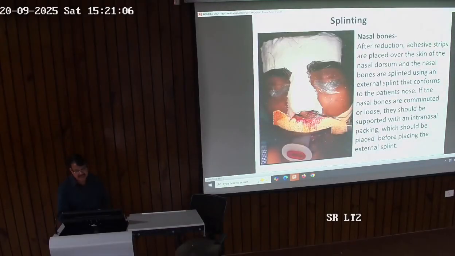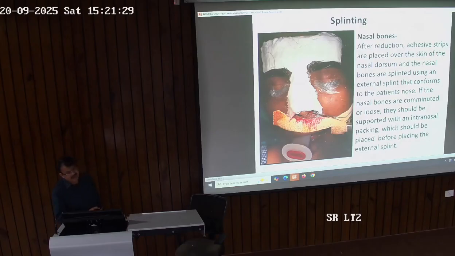After reduction, adhesive strips are placed over the skin of the nasal dorsum, and the nasal bones are splinted using an external splint that conforms to the patient's nose. If the nasal bones are comminuted or loose, they should be supported with an intranasal packing, which should be placed before placing the external splint. So this diagram shows the splint.